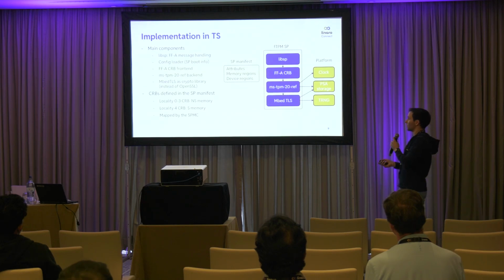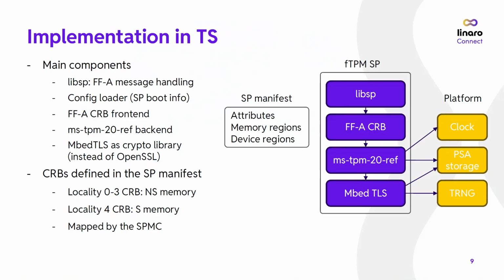So this is the actual implementation in trusted services. This is the fTPM secure partition, and it contains the libsp, which is our component for handling the incoming FFA messages. This here is the implementation of TPM CRB over FFA specification. And the CRB memory regions are defined in the SP manifest.